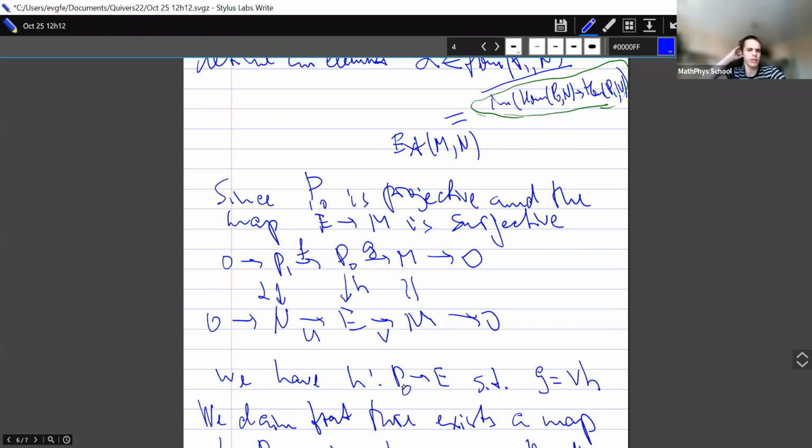And for P0, the problem is that we are not in the image of U? Maybe the image of H doesn't contain the image of U, but the image of FH does. Okay, I see.